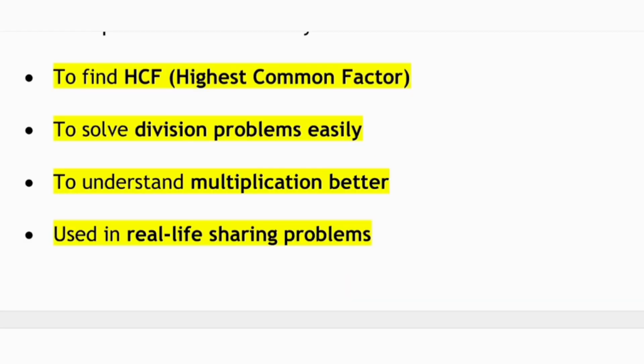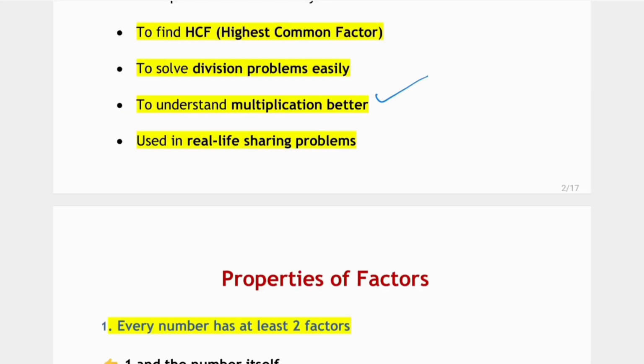And the next one, to understand multiplication better. Factors come from multiplication. If you know multiplication, factors become very easy. Here is the simple rule.